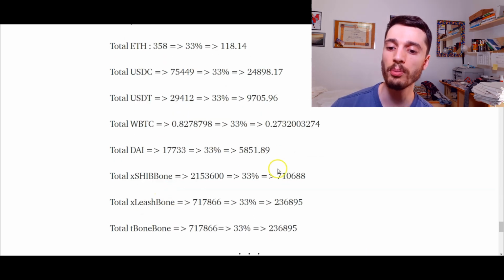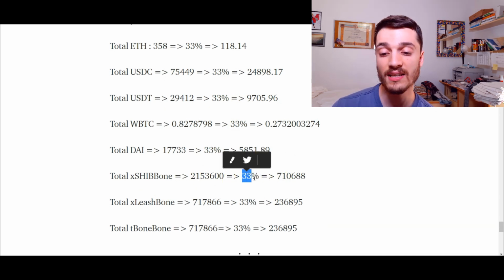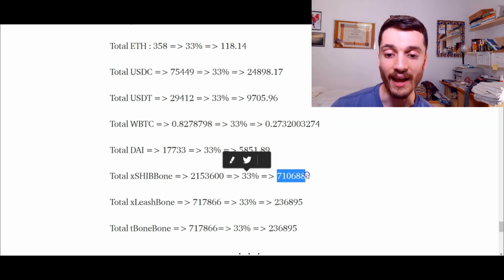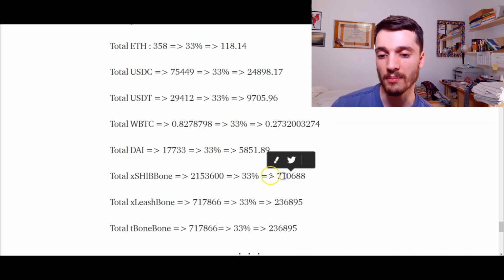These are all the pools, that's the overall. And you also see that this is already multiplied by the 33% that is available to take away whenever you want. Basically, that is available for distribution. And you would get a share of the coin that you've been staking, and that's gonna be based on the overall amount.